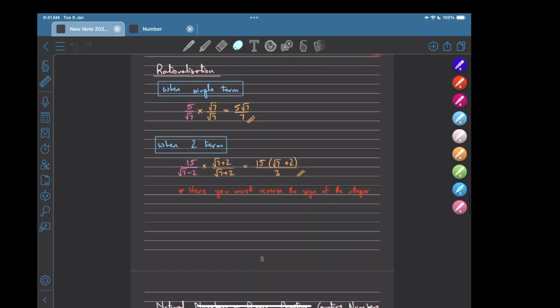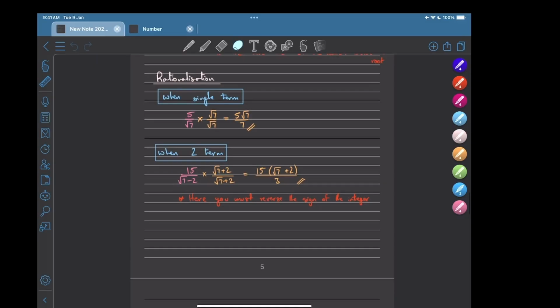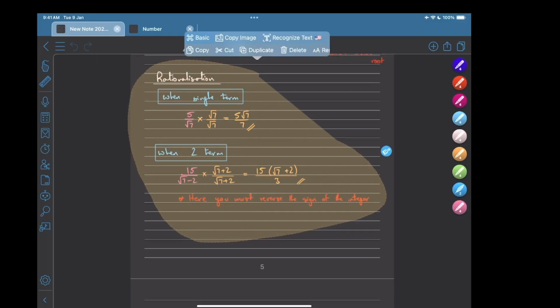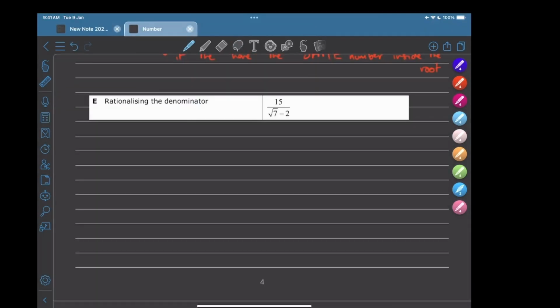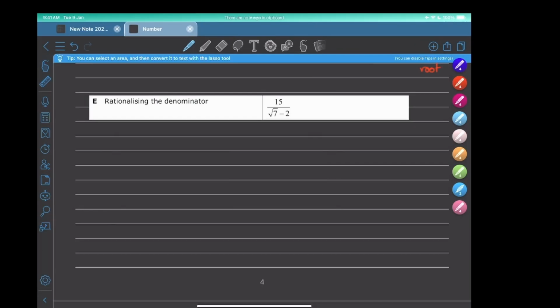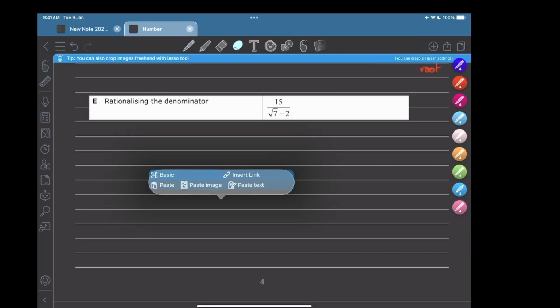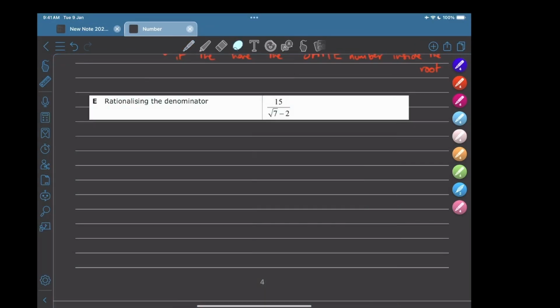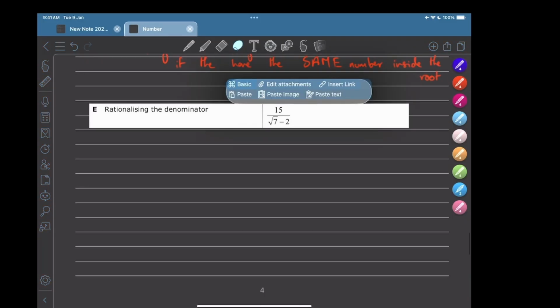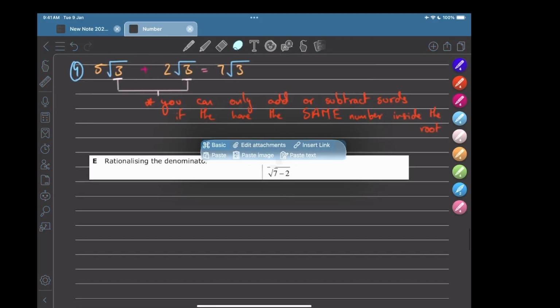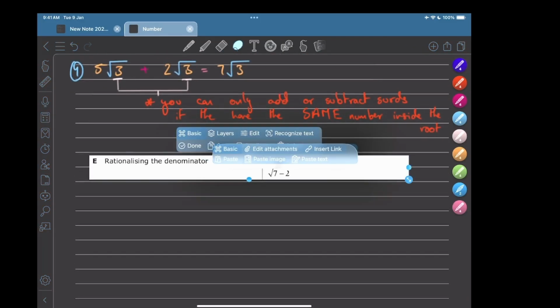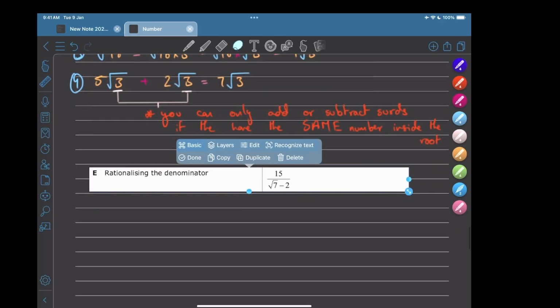All right, rationalization here, copy. Let me just paste it. Shall we move this a little bit down? Please copy. One sec, just be patient with me.